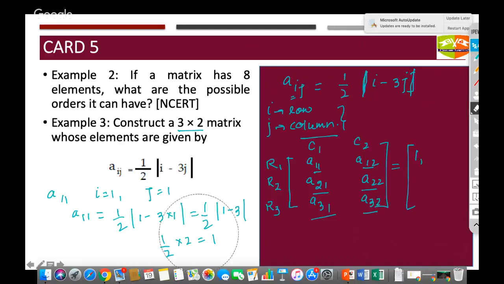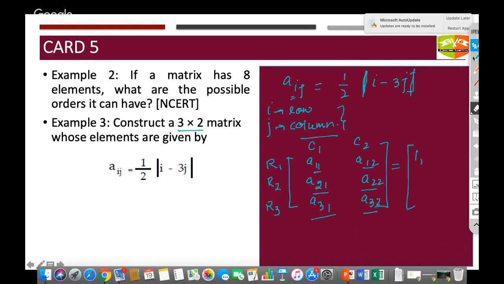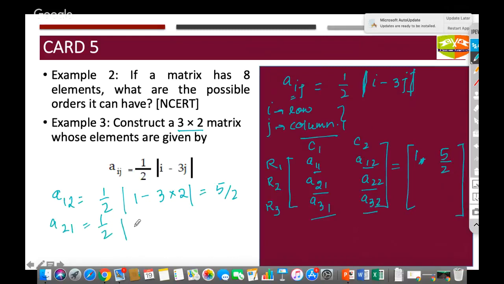To find out a12, you get 1 by 2 modulus of 1 minus 3 into 2, so this comes out to be 5 by 2. So I write here 5 by 2. Now a21 would be equal to 1 by 2 modulus of 2 minus 3 into 1, which is equal to 1 by 2 only, so I write this as 1 by 2.